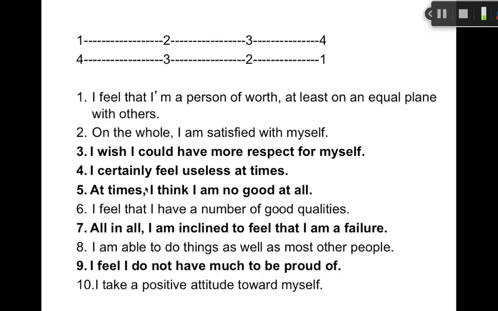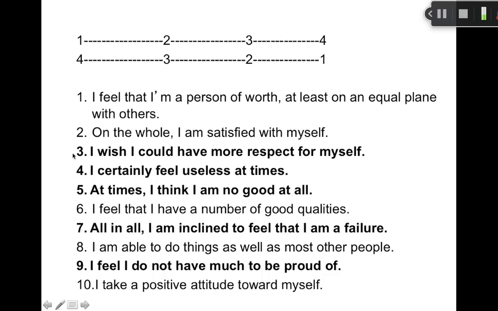So you're going to have to rescore items 3, 4, 5, 7, and 9. And what I mean by that is, for example, look at what you have for item 3. Presumably you have a 1, a 2, a 3, or 4 for item 3. Take whatever score you put initially for that item and change it to the one that I have below it.